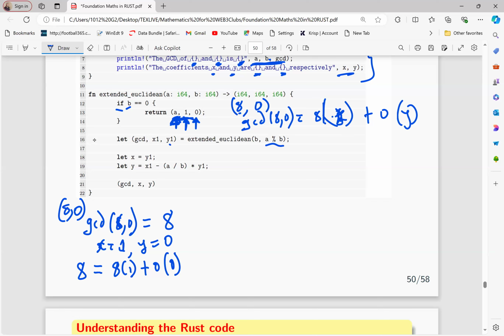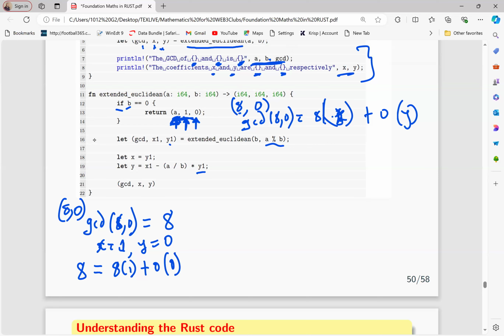So you let X be Y1 and let Y be X1 minus A divided by B multiplied by Y1. So this is the bit where we are reversing. That is how the function works, how to reverse this bit.